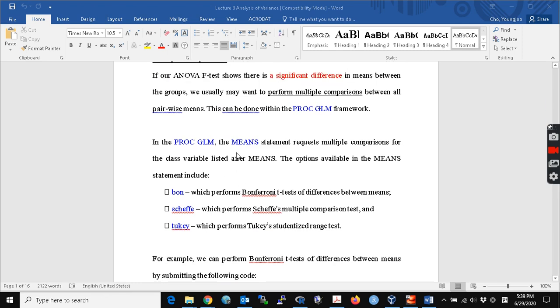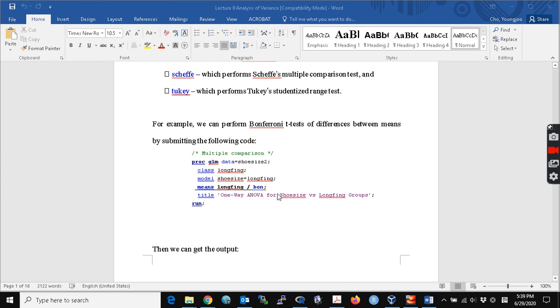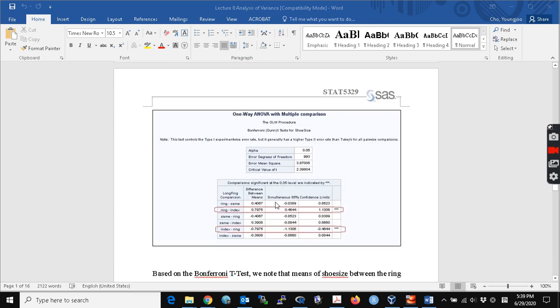So we need to use a multiple comparison procedure, such as the Bonferroni t-test, the Scheffe multiple comparison test, and Tukey's studentized range test. I'm not going to talk about these details here, but please Google them. We can use the means statement with the variable, and then a slash specifying the option. We use the Bonferroni t-test here, and then we get the output.